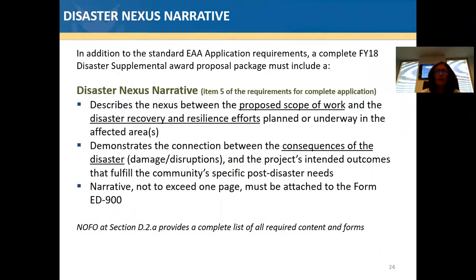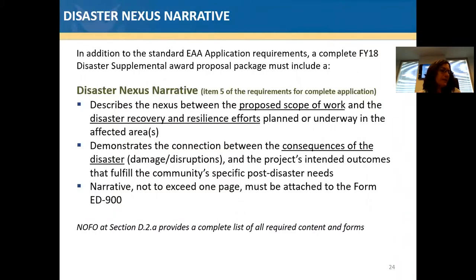A little bit more on what we mean by the disaster nexus. If an area has experienced a declared major disaster, they will need to show the connection between the proposed project and activity and the eligible disaster.